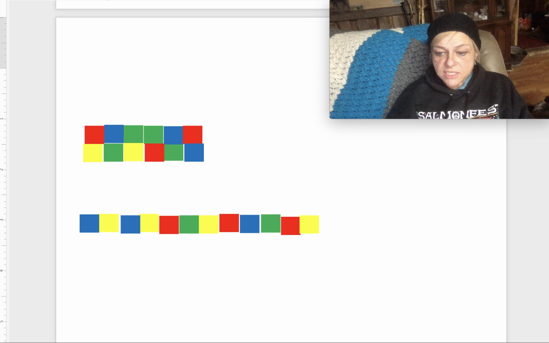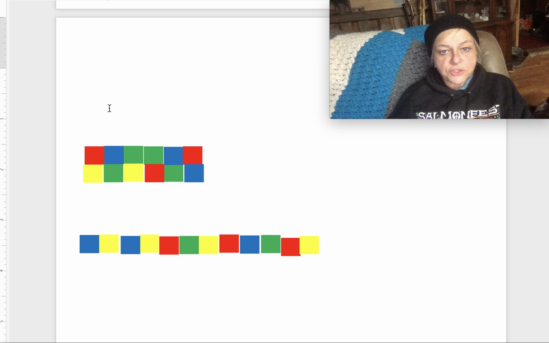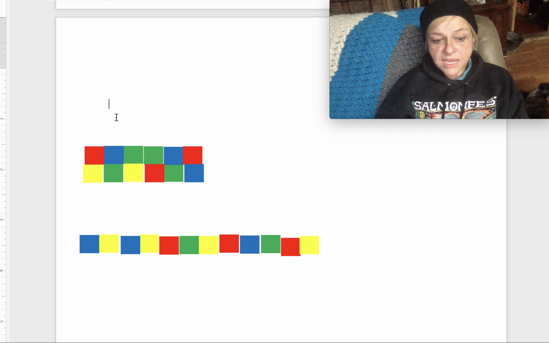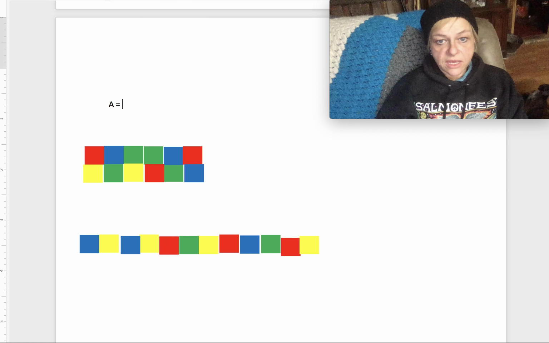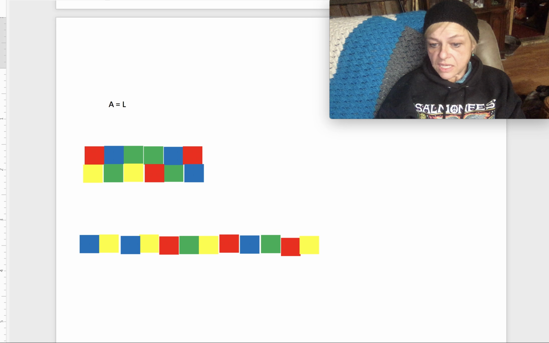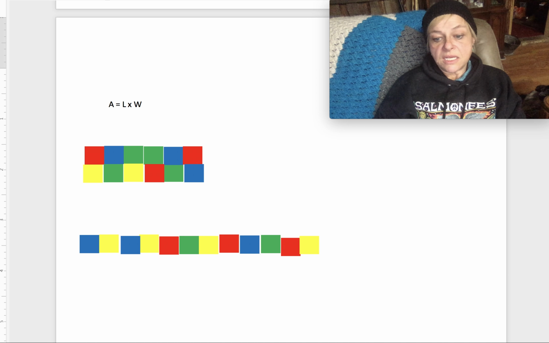I'm going to scooch things down a little bit because we're going to do our little area calculation right here. So to find the area is equal to the length of something, I'm going to use an L, times the width of something.